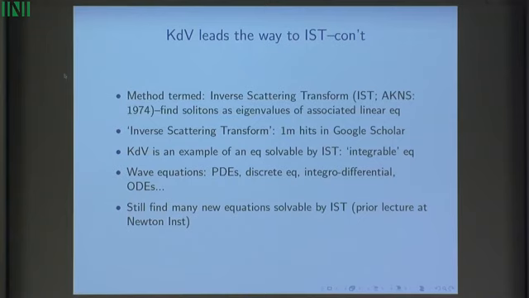And solitons were eigenvalues of this associated linear equation, which, of course, just extended what was done earlier by Gardner, Green, Kruskal, and Miura in that famous paper, and also Zakharov and Shabat in a very important following paper in the early 70s. And KdV is an example of an equation solved by this inverse transform method.